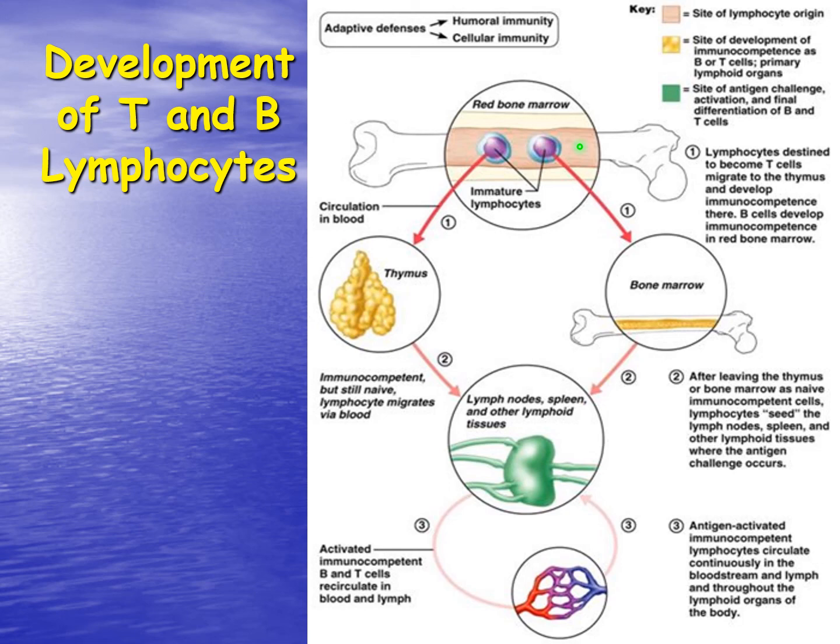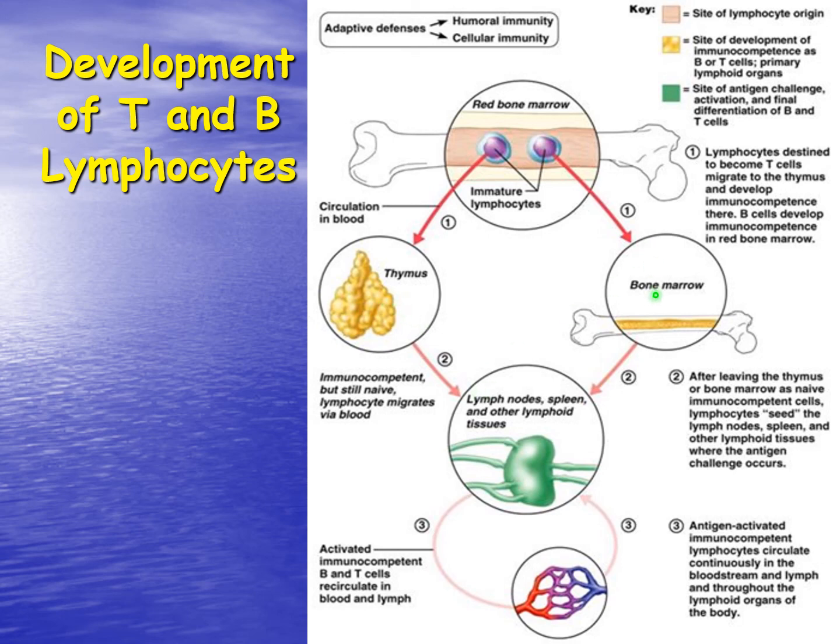Well, where does that specialized training actually occur? For the B lymphocyte, that occurs in the bone marrow, hence the B cell designation. But the T lymphocytes are released from the red bone marrow into the bloodstream, where they travel as immature cells primarily to the thymus gland located in the anterior thoracic cavity. Here they will receive their T cell receptors, and then they will leave the thymus gland.